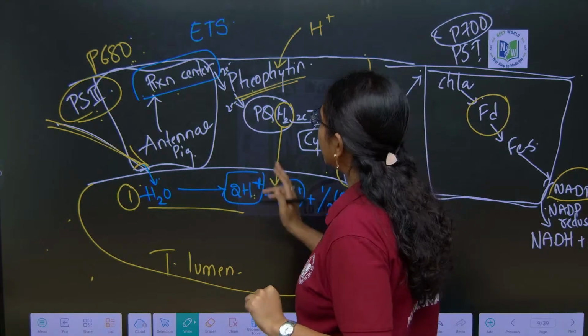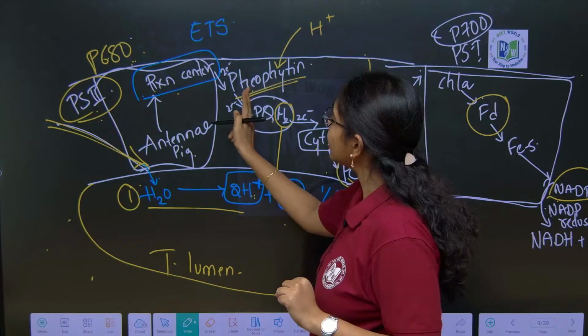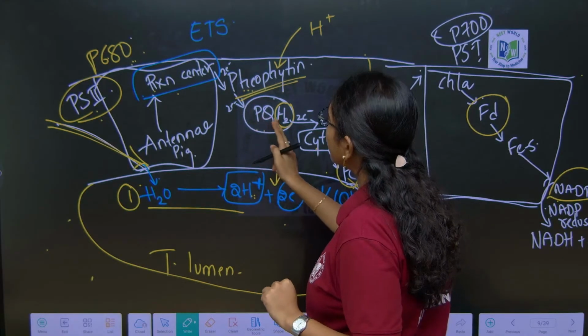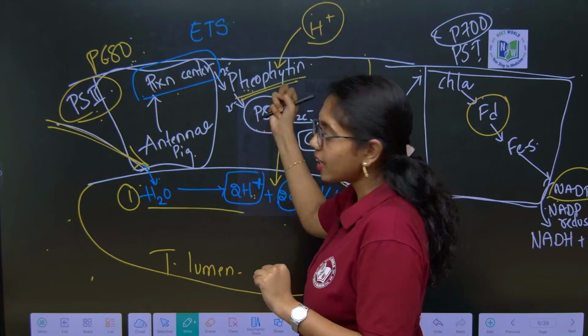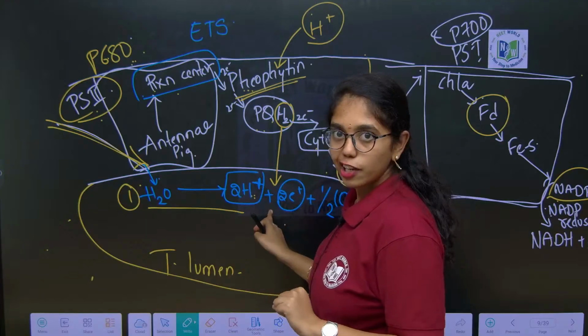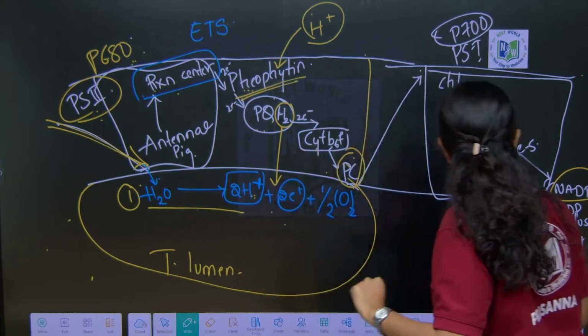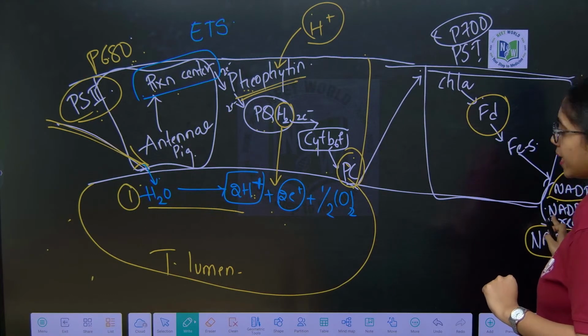Second point is the primary electron acceptor, that is pheophytin, giving the electrons to a proton carrier, that is PQH2, where protons from the stroma are taken and given to the lumen. Whichever few protons are present are utilized for making NADPH by the enzyme NADP reductase.